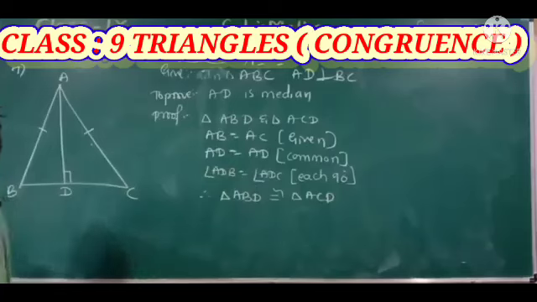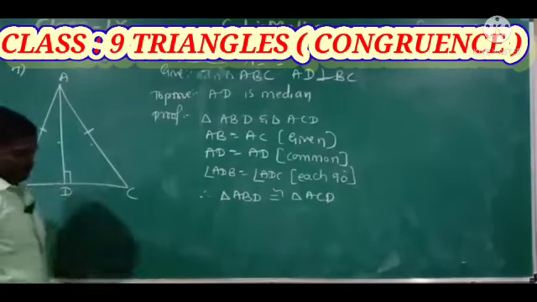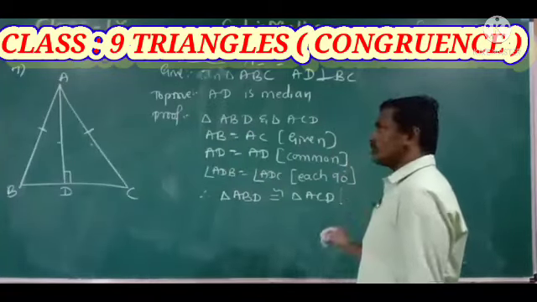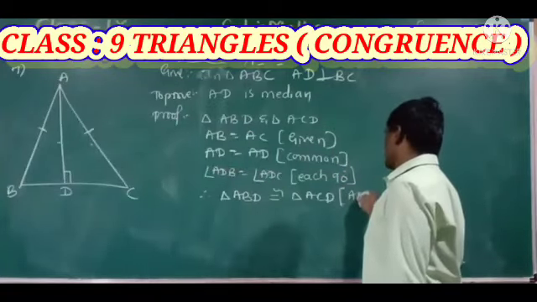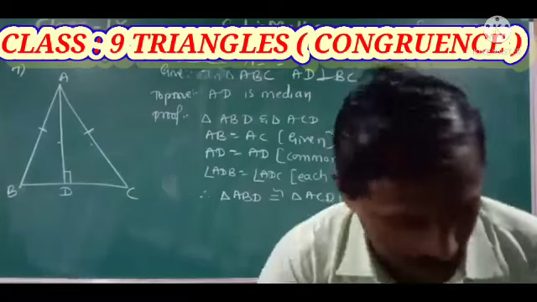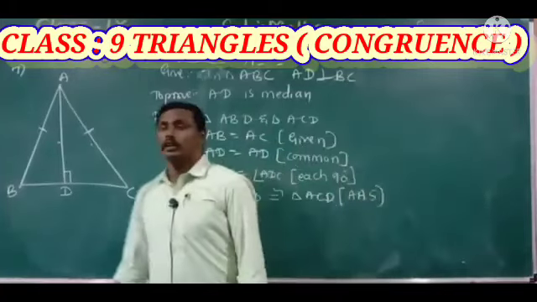So which property are you using here? Yes, right? Or you can also use AAS. So these two triangles are congruent by using the criteria AAS.